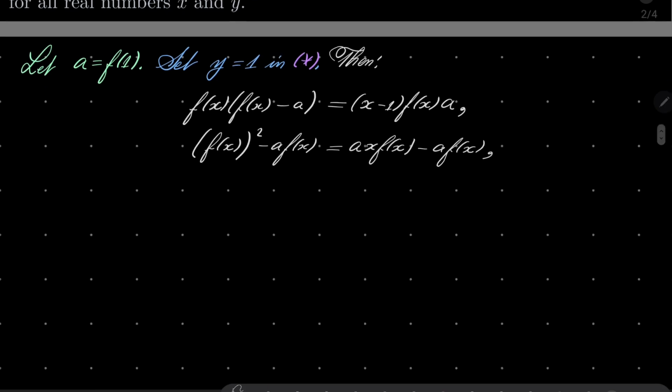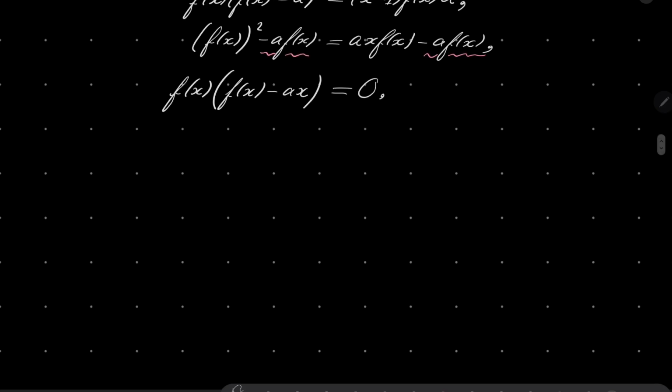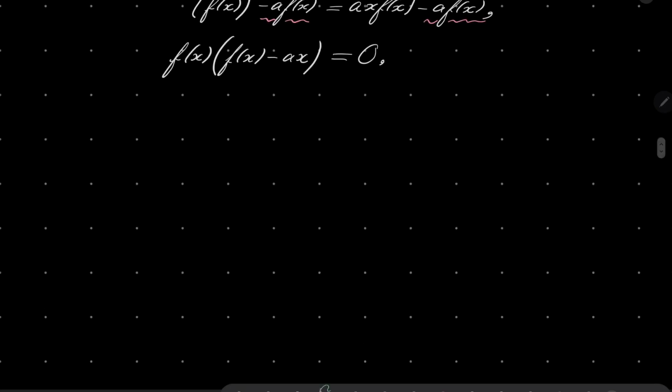And now some cancellations can be noticed. This cancels with that, and we can put everything on the left hand side, we can factorize it, and we'll have f of x times f of x minus ax equals 0, which means that either f of x is 0 or f of x is ax.